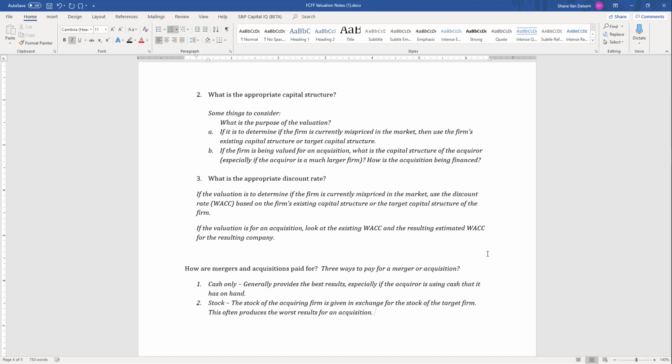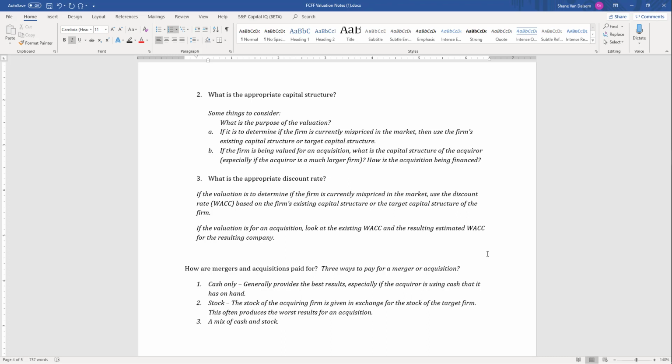Because what we see in research is the stock price for that remaining stock, the stock that exists after the acquisition, generally goes down when all of the synergies and the benefits of the merger or the acquisition don't materialize. And then the third way is a mix of cash and stock. And kind of as indicated from the first two items, the results are mixed.